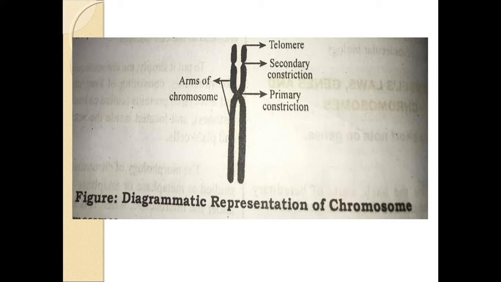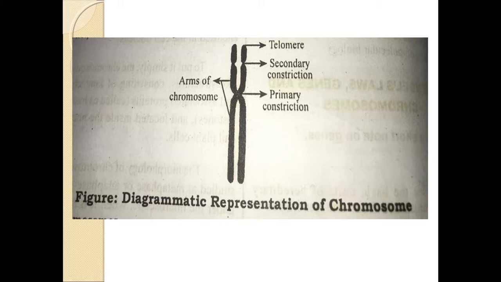Chromosome structure. In this structure, you can see the arms of chromosomes. You can see the telomere here, and you can see secondary constriction and primary constriction.